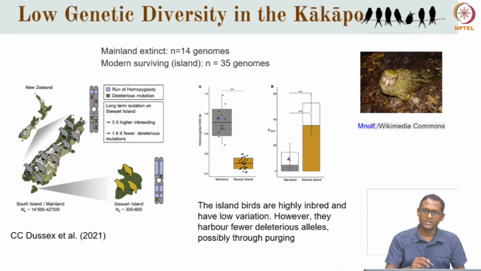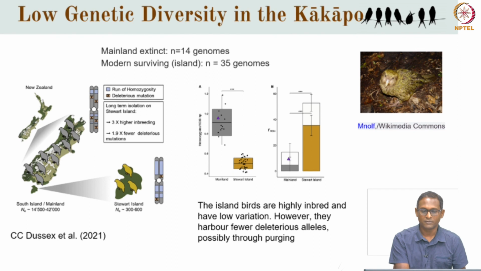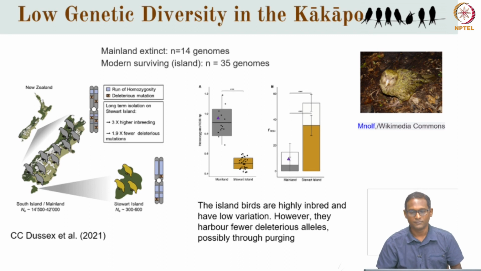But the main point here is that these researchers got genome-wide data for 14 individuals that have gone extinct on the mainland, and of a lot of surviving individuals on the island, on Stewart Island.